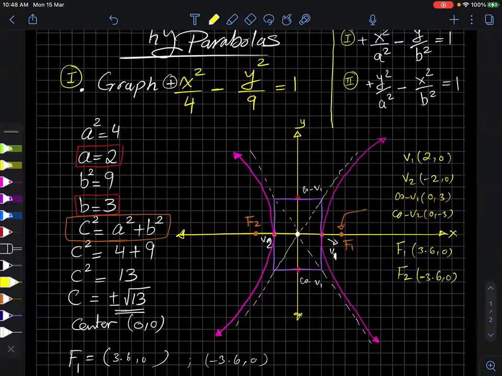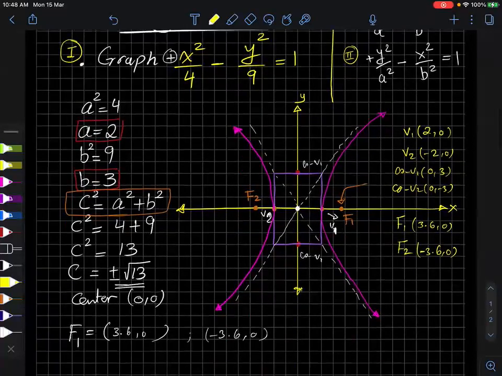One more thing the question asks, guys, pay attention please, all of you: write the equation of the asymptotes. Where's the asymptote? The asymptotes are the dashed lines that pass through the corners of this rectangle and the center, this dashed line in white. So how do we quickly write the equation?